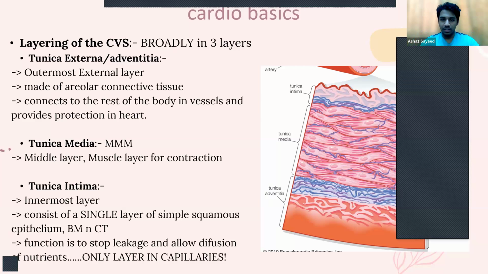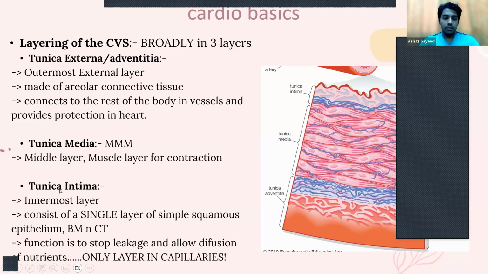It has muscles in it, and this musculature is for contracting the heart or the blood vessel. This contraction is the reason why blood moves in the cardiovascular system. So remember this MMM: tunica media is the middle layer, and it's the muscle layer. So it's just three M's.